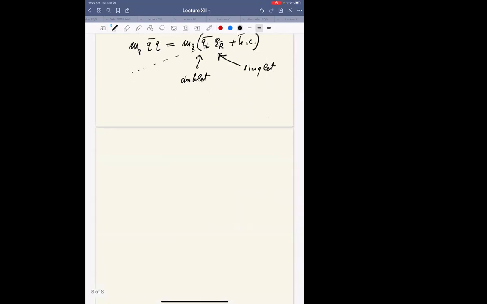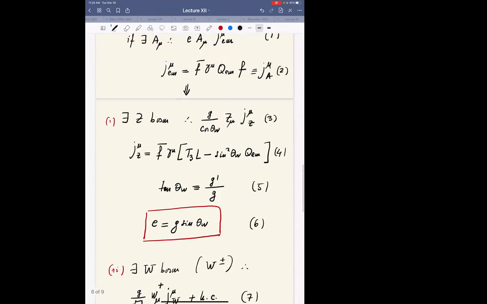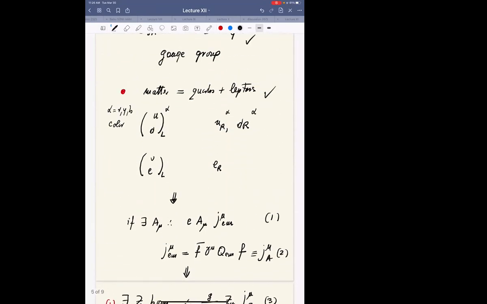So what we said instead, however, is that we can write a Yukawa interaction, which is of the form, say, QL bar. Let's introduce a notation here for the rest of the course. This we will call QL, and this we will call LL.